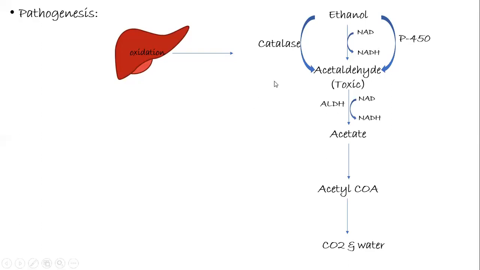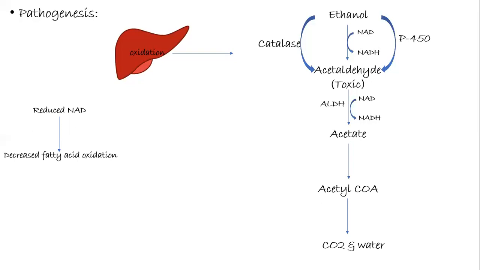Now the ultimate effect of consuming an excessive amount of ethanol is that first there is a reduced level of NAD, because for conversion of ethanol to carbon dioxide and water, your body uses NAD. So automatically the level of NAD is reduced in the body, and what is the result of reduced NAD?